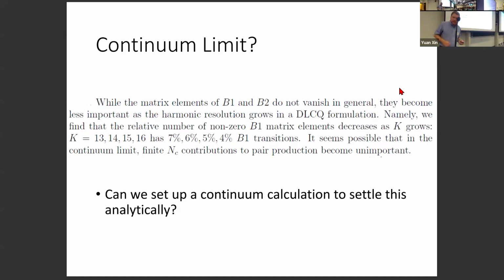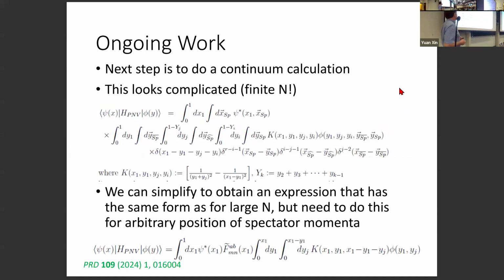And what I'm working on right now is basically to set up a continuum calculation. So basically sandwich this. Now that I have the Hamiltonian matrix elements in the single momentum basis, just sandwich them between the DLSQ states, or between eigenstates, basically. Or at least asymptotic eigenstates, and see if indeed these matrix elements cancel.